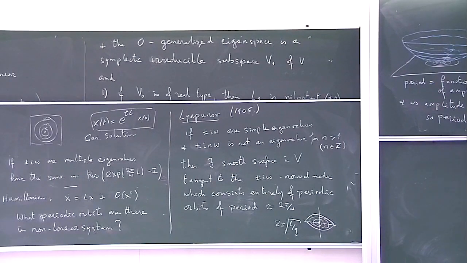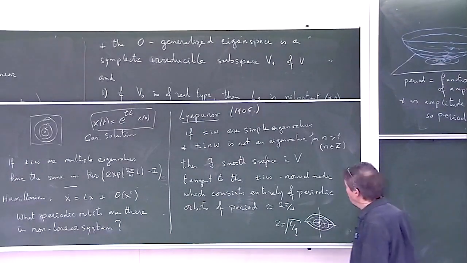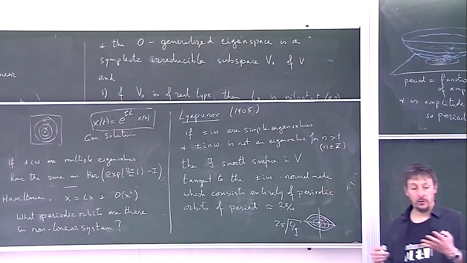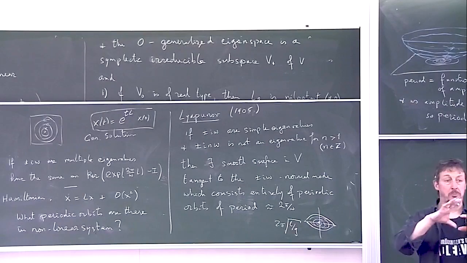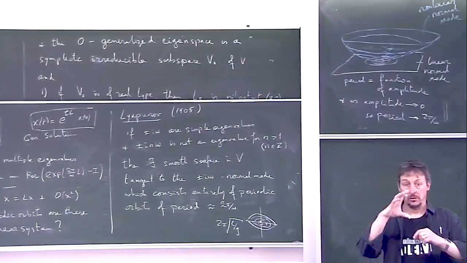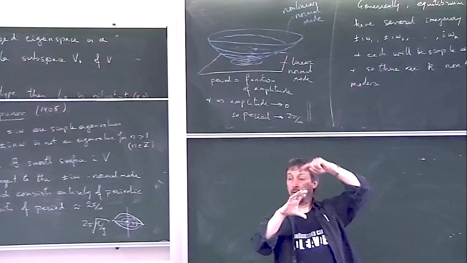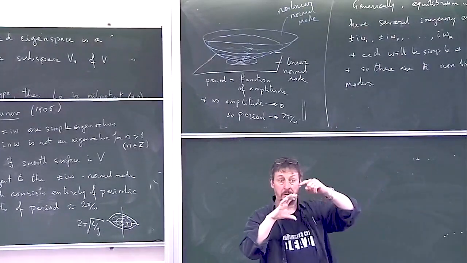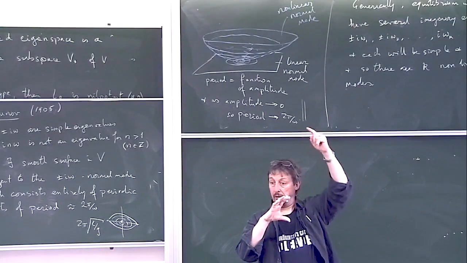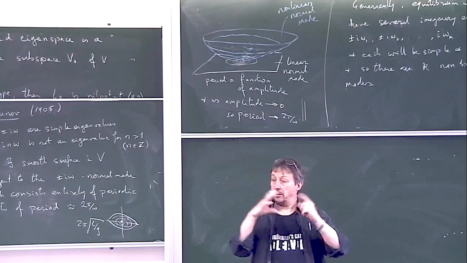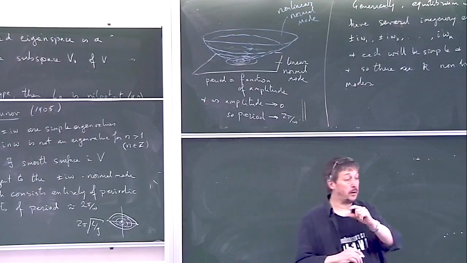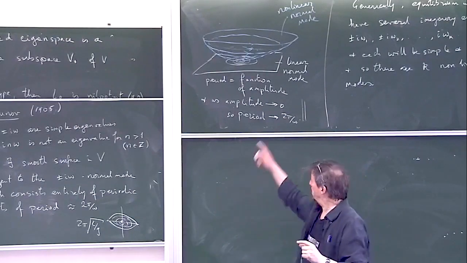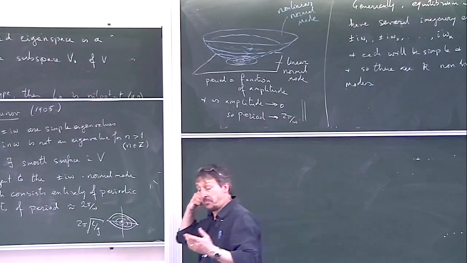So there was a famous study of the 1 to 2 resonance. In R4, you have plus or minus I and plus or minus 2I. For the plus or minus 2I, that's okay. You can use Lyapunov's theorem because there are no integer multiples of 2I. But for the I, you don't know. Is there a normal mode? Nonlinear, other periodic orbits? It wasn't known.